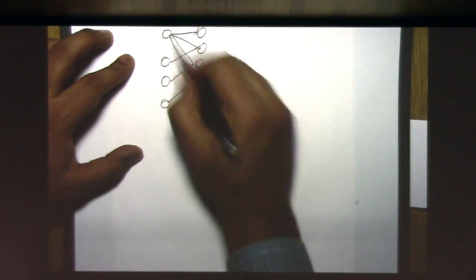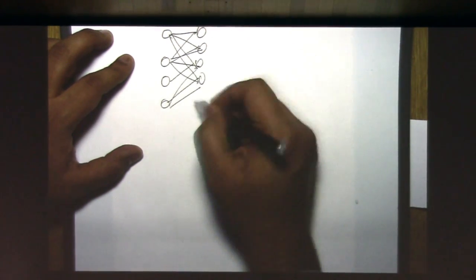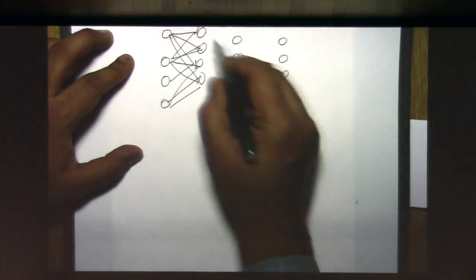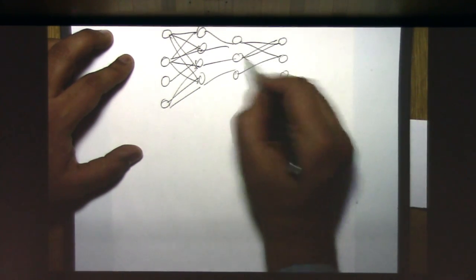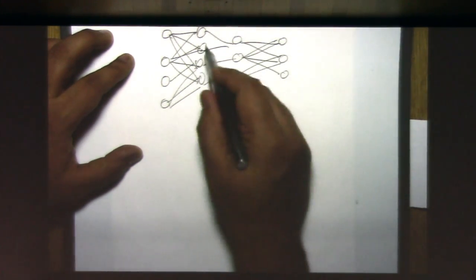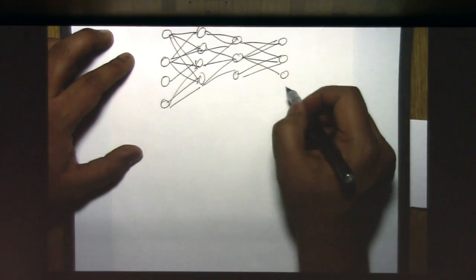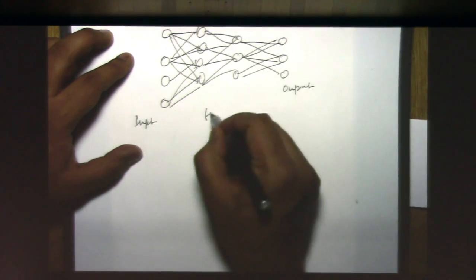Everything is connected to everything else in consecutive layers, and then more layers and more layers, and at the end you have some output. That's the structure of a neural network, a general schematic. This would be the output, this is where the input goes in, and these are what we call hidden layers.